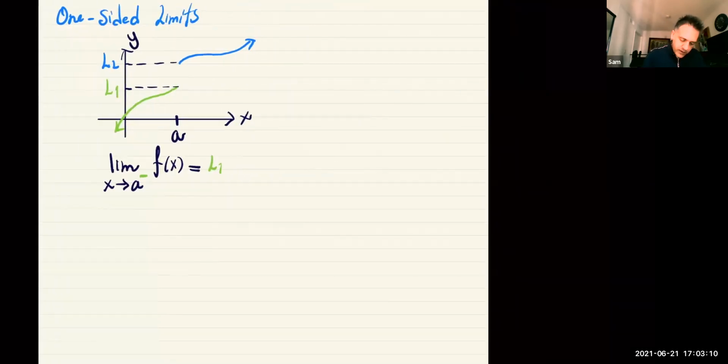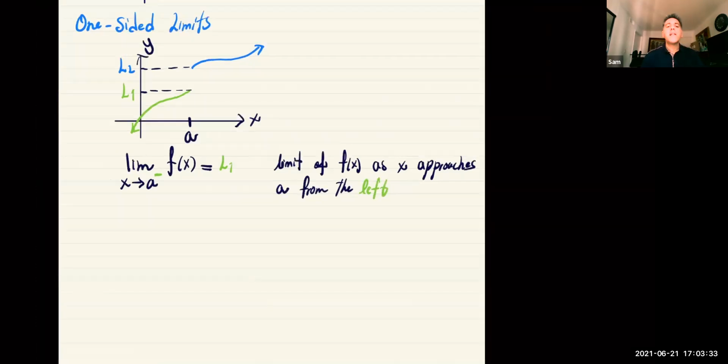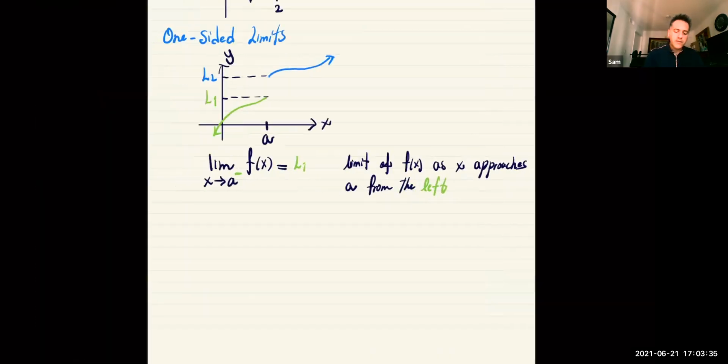Again, this is the limit of f of x as x approaches A from the left. And the value is L1.